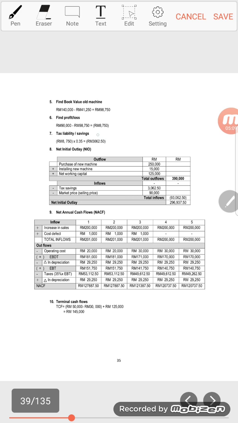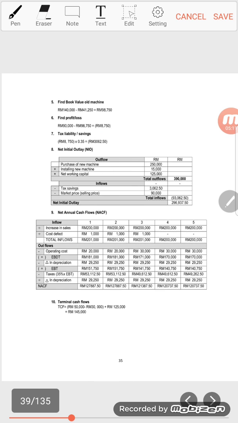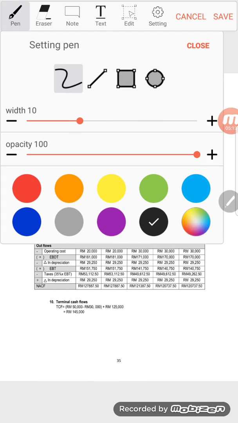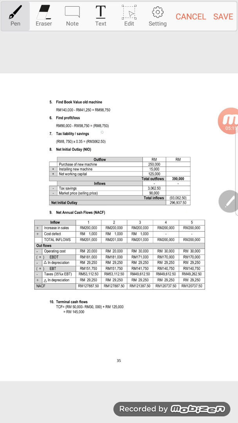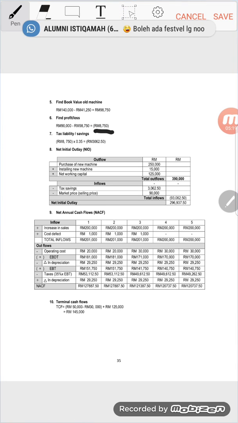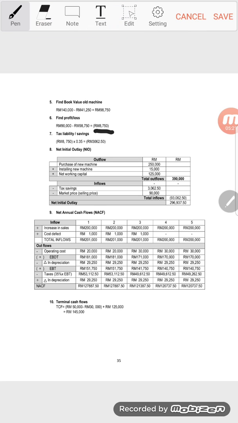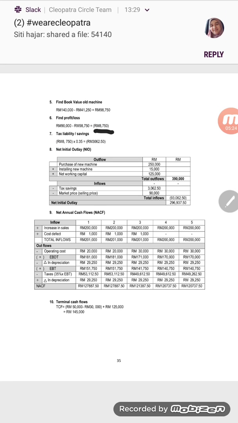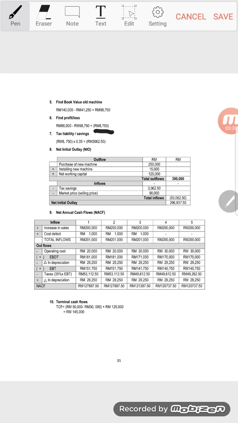Actually, this is a loss of 8,750 ringgit. So once you get a loss, meaning that you will calculate the tax saving: 8,750 ringgit times the 35% tax rate. So you will get a tax saving of 3,062 ringgit 50 cents.